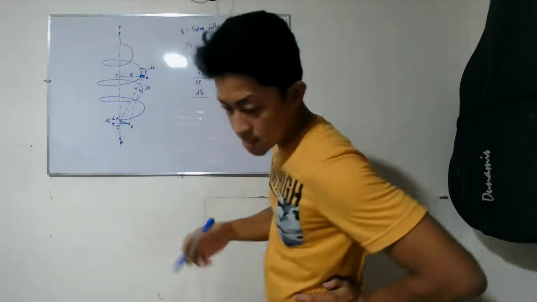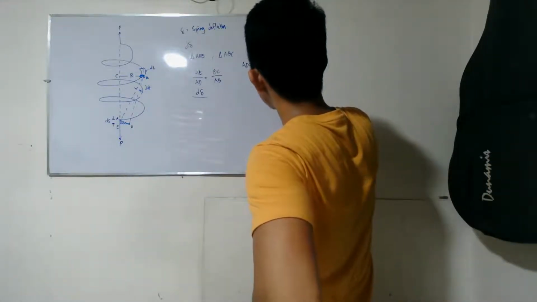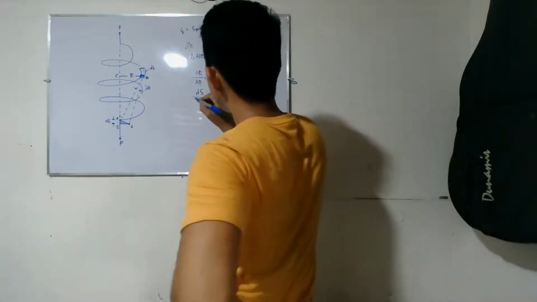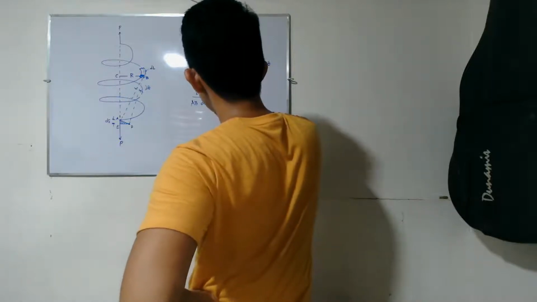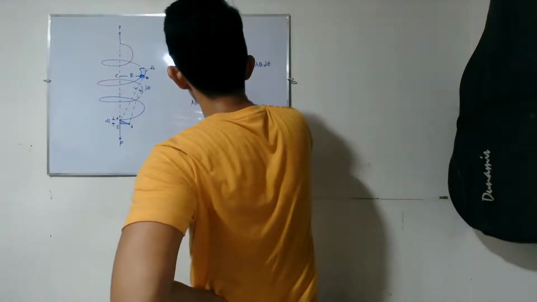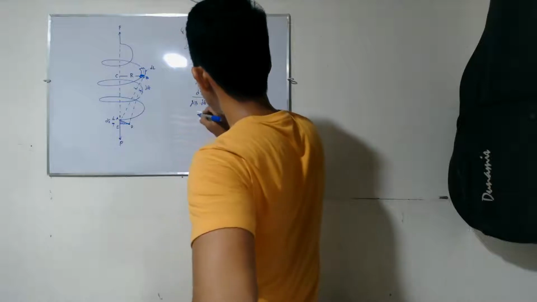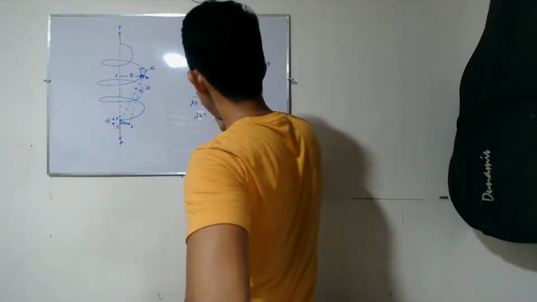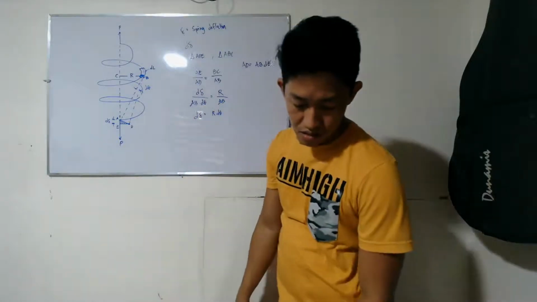Arc length man na siya. Ang BC nimo is R over AB. So cancel ang AB. Kuha na nato nga d delta is R d theta.